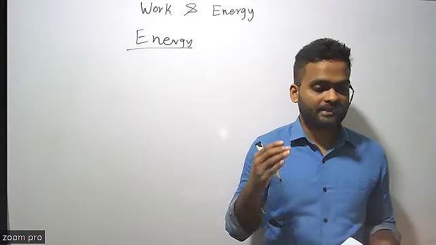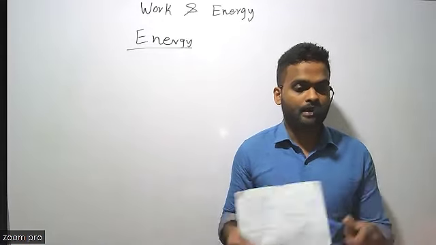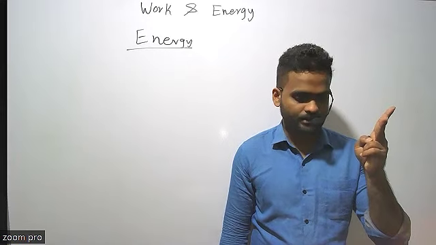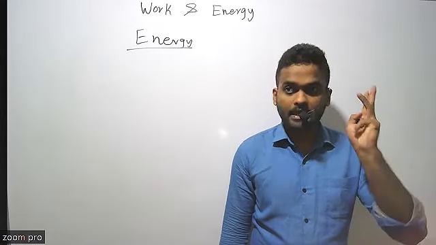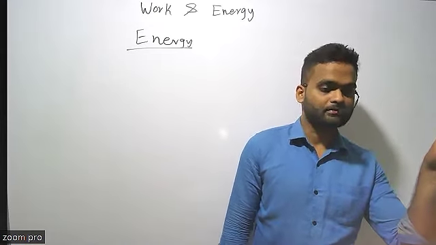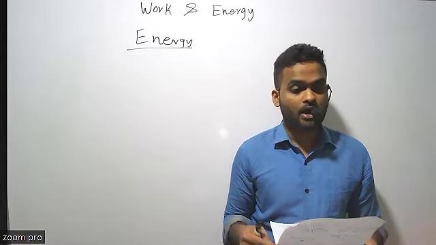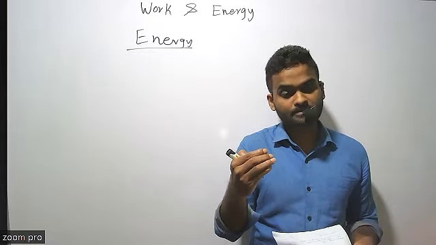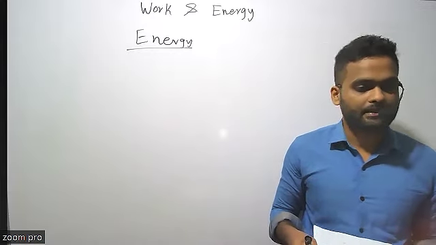In this lesson, we are mainly talking about 3 types of energies. One is kinetic energy, the other one is gravitational potential energy, that is mgh. Another one is elastic potential energy, related to springs. All these are categorized under mechanical energy. So in this lesson, we are only talking about mechanical energy.